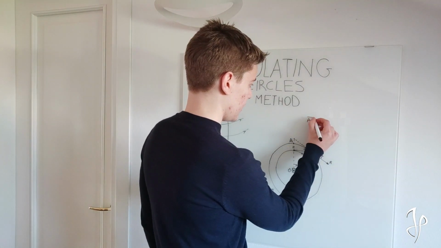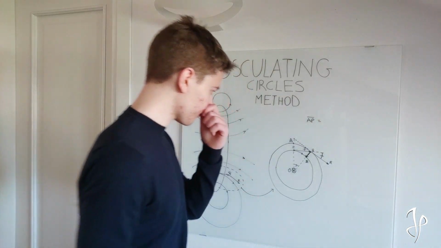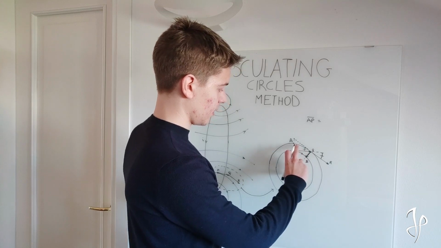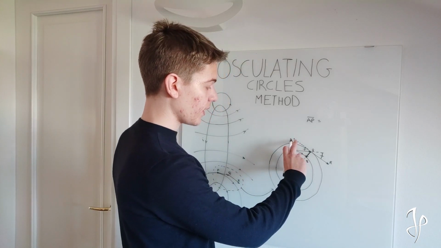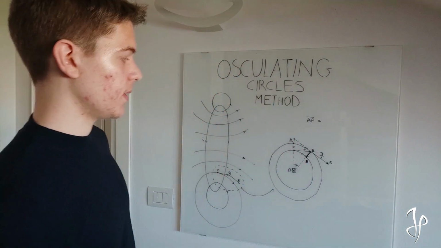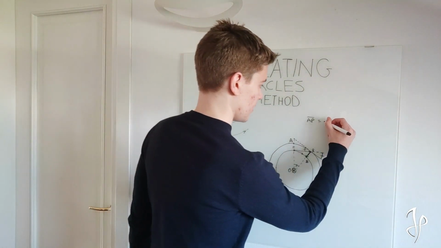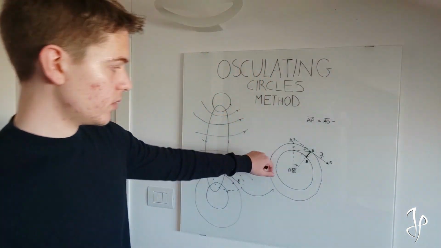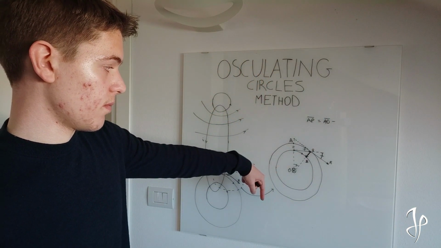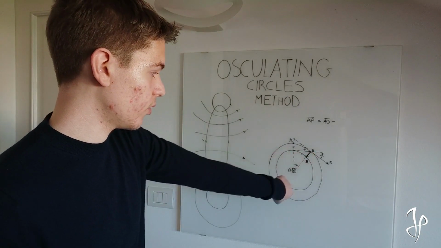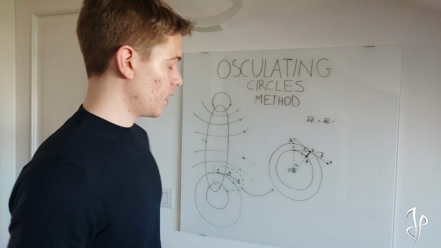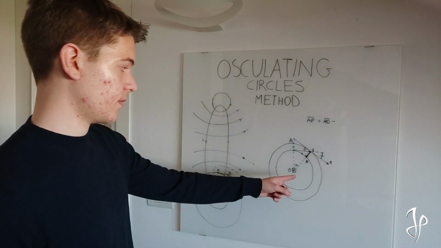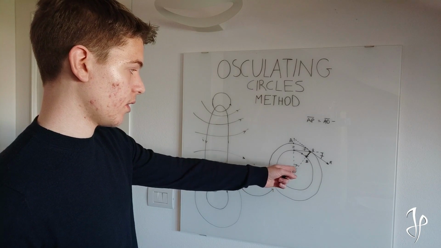So AP is equal to the radius AO, which is the radius of this bigger circle, minus AO multiplied, which is also equal to OQ, multiplied by the cosine of this angle.